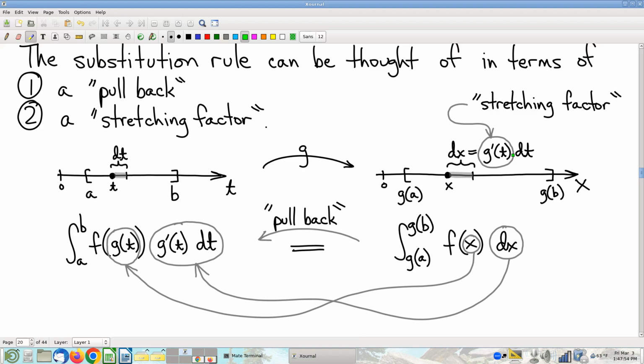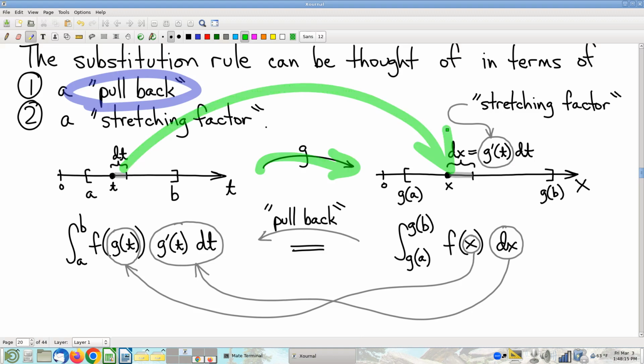All right. So now there's two other aspects that I want to hit on how to think about substitutions. I want to talk about this idea called a pullback. So on the one hand, when you have a function, right, the function g that goes this way, points go that same direction.